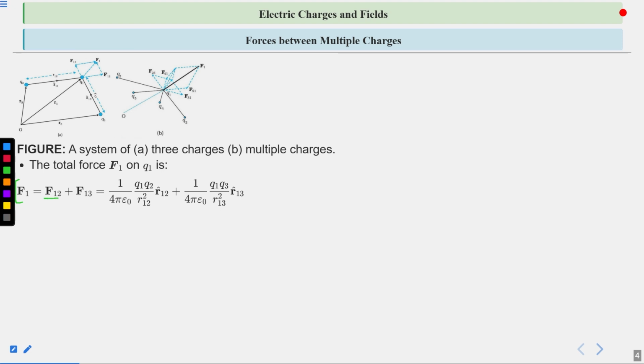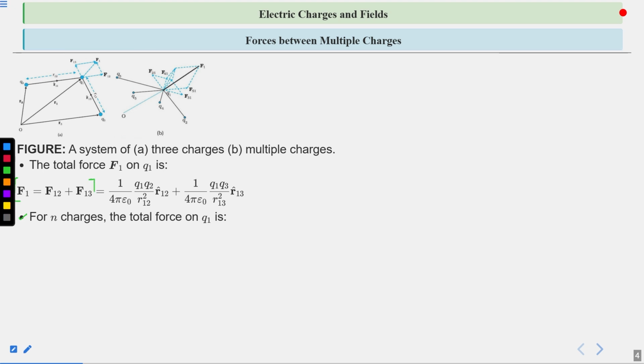Now what is F12 and what is F13? F12 is 1 upon 4 pi epsilon naught Q1 Q2 divided by r square 12, r cap 12, plus F13, 1 upon 4 pi epsilon naught Q1 Q3 divided by r square 13, r cap 13. So this is the vector sum of individual forces and the net force on the charge Q1. I hope this is clear.